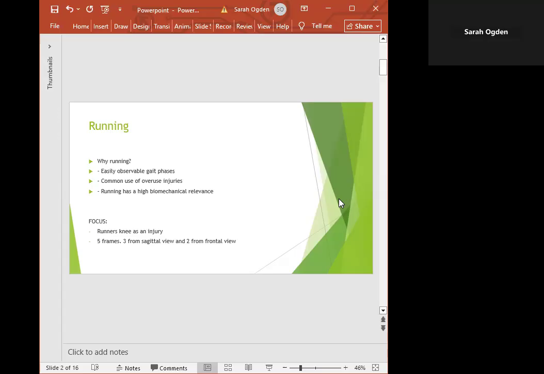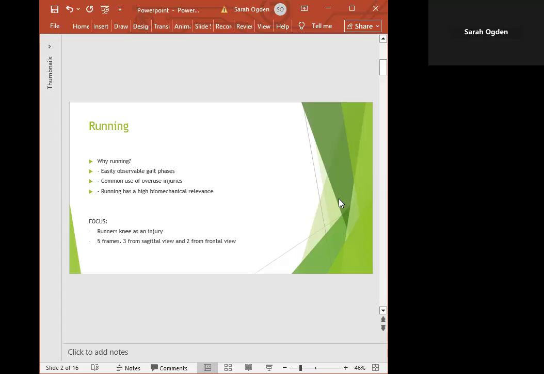The first frame focuses on the initial contact that the runner has on the ground. The second one is the mid stance of the runner. The third one is the toe off, so the toe coming off the ground. And then the 2 frontal views: I've also chosen a mid stance view of the runner, and the last frontal view will be of the pre swing.